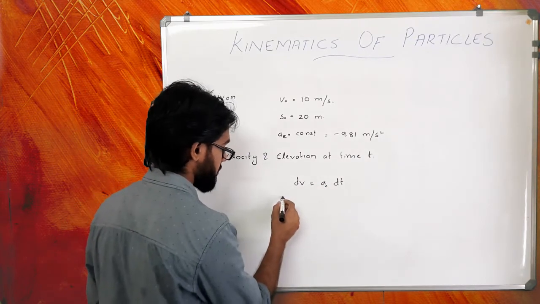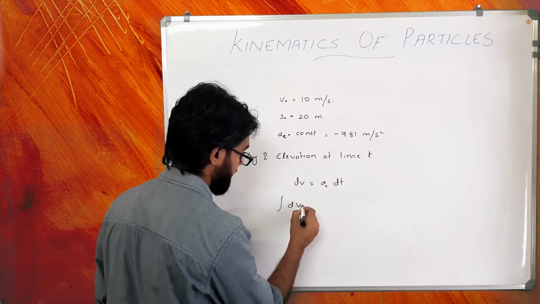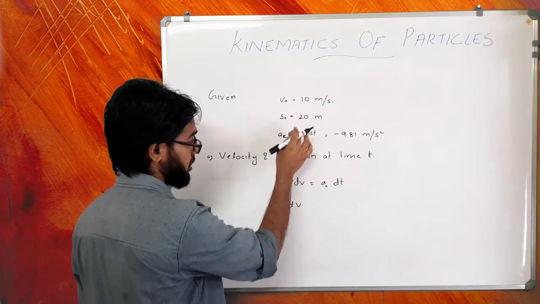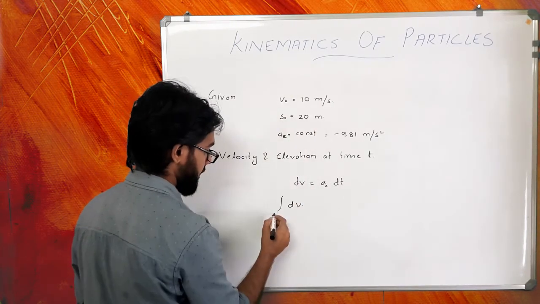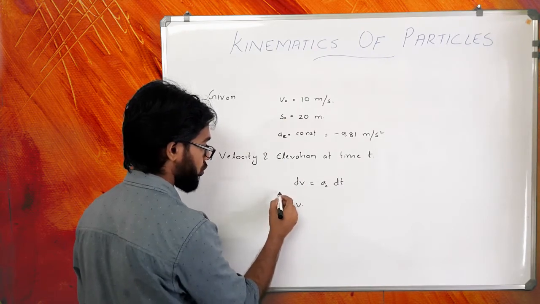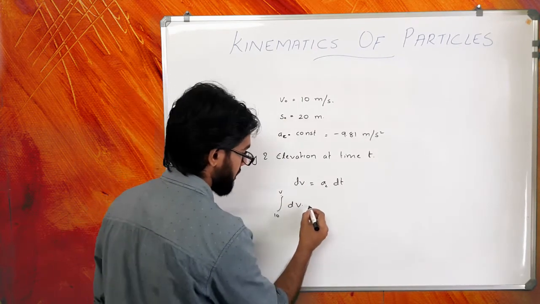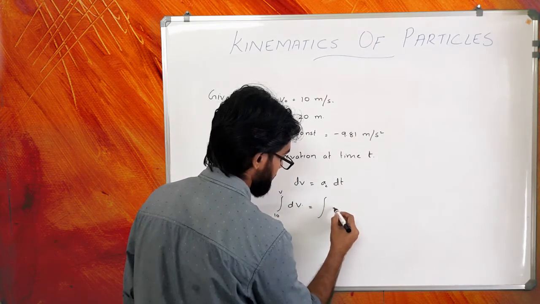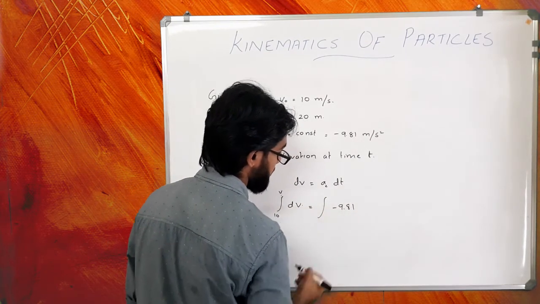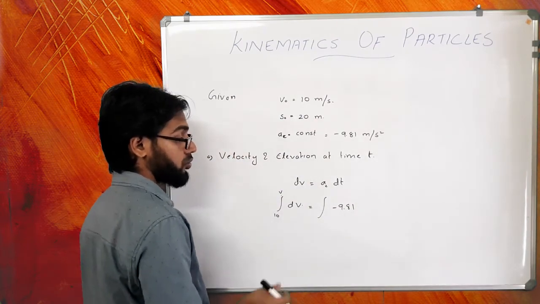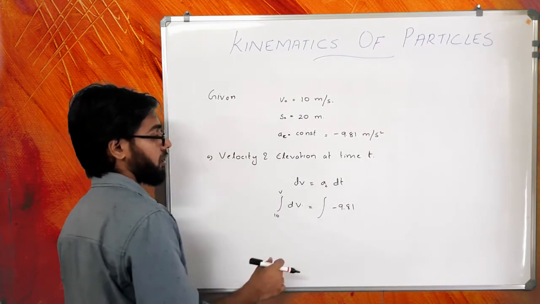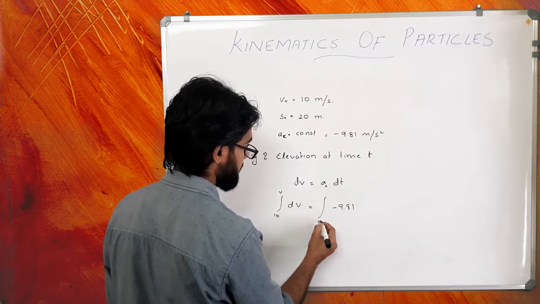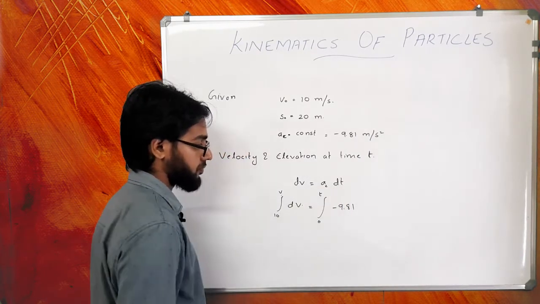So, as such, if I integrate dv initially from the velocity 10 meter per second to a velocity v, into here a_c is constant, minus 9.81 meter per second square. All the units should be compatible. The time dt is from say 0 to t.